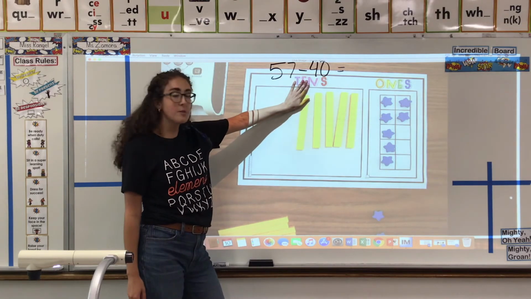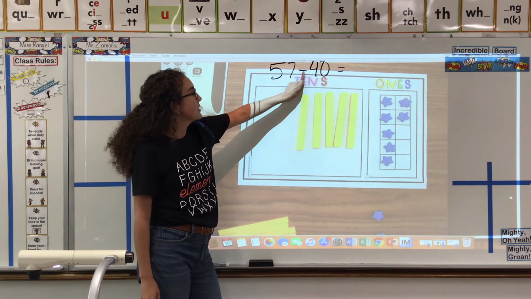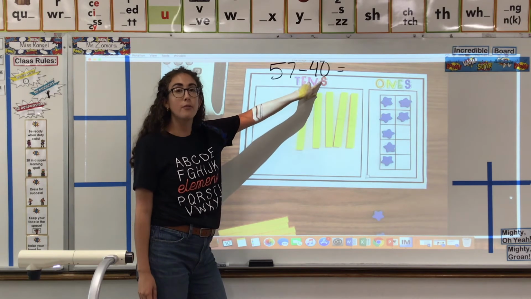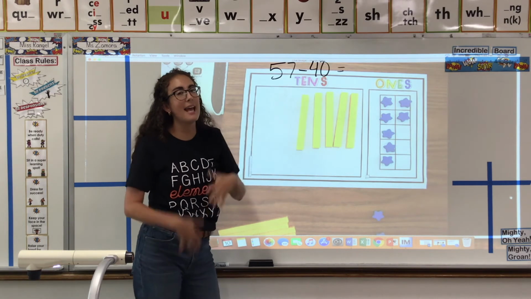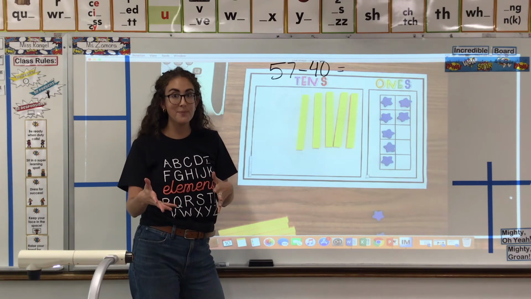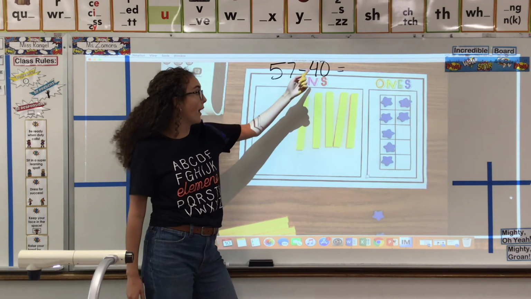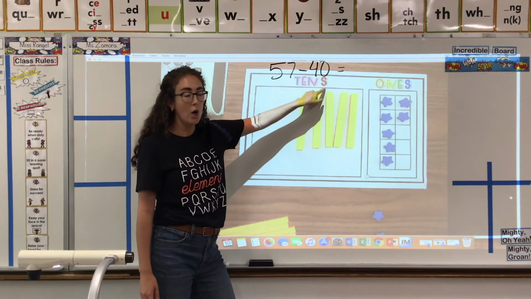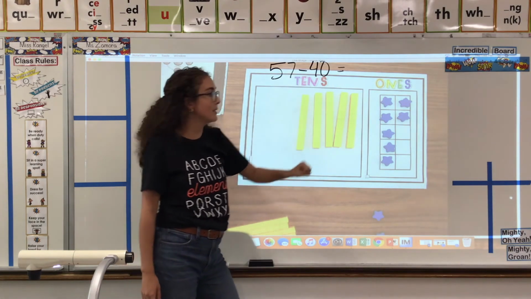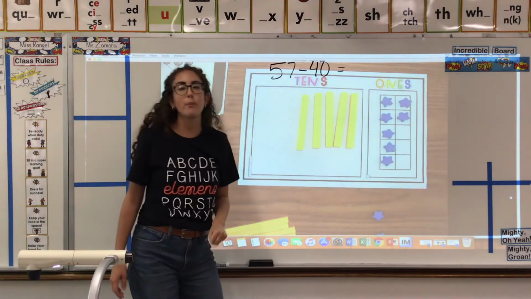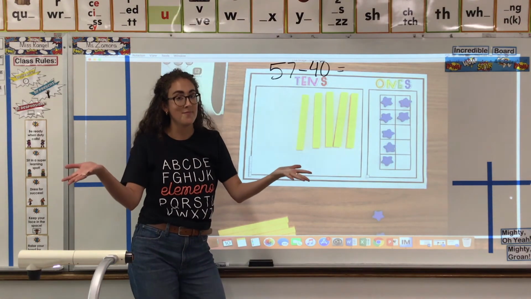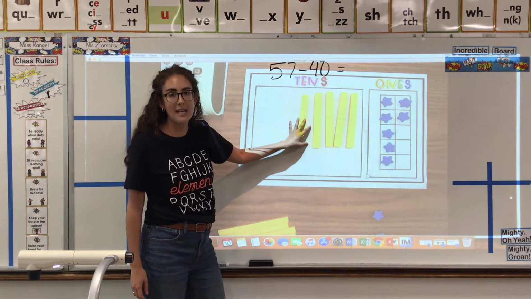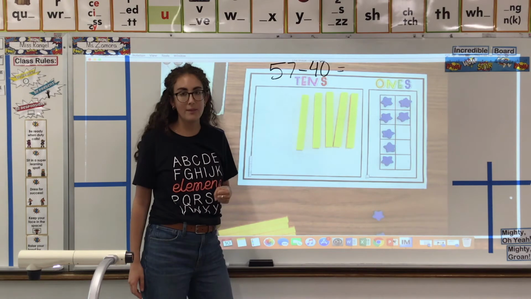So now this problem is asking us to subtract 40. 40 is what the ten way? 4 tenths. So if we're subtracting 40, are we going to take away from the tenths or the ones? The tens. 40 is 4 tenths, so we have to take away from the tenths.